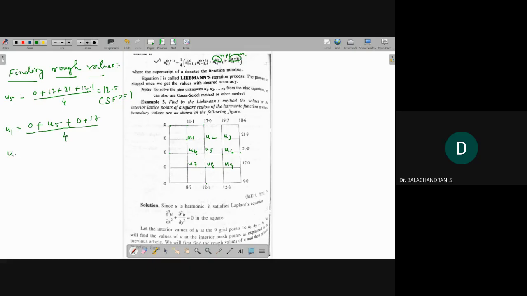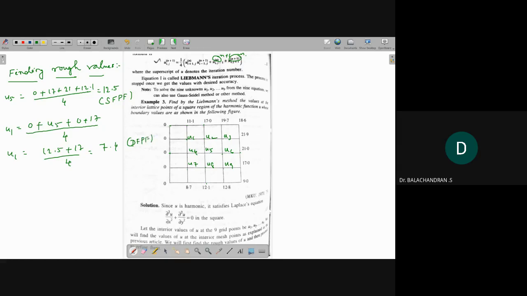So U1 equals 0 plus 12.5 plus 17 divided by 4, which is equal to 7.4. Check it. Here I am using the diagonal 5-point formula.